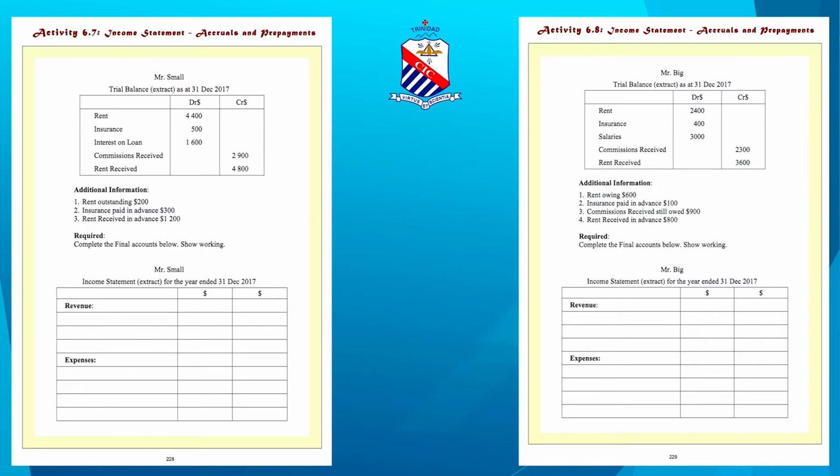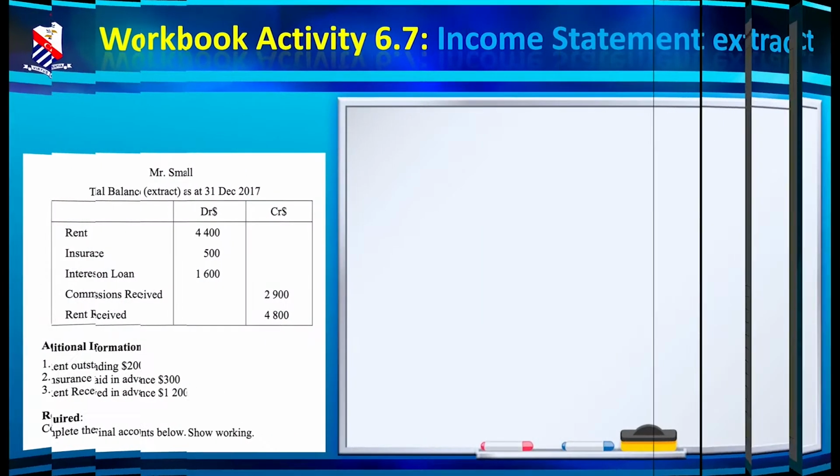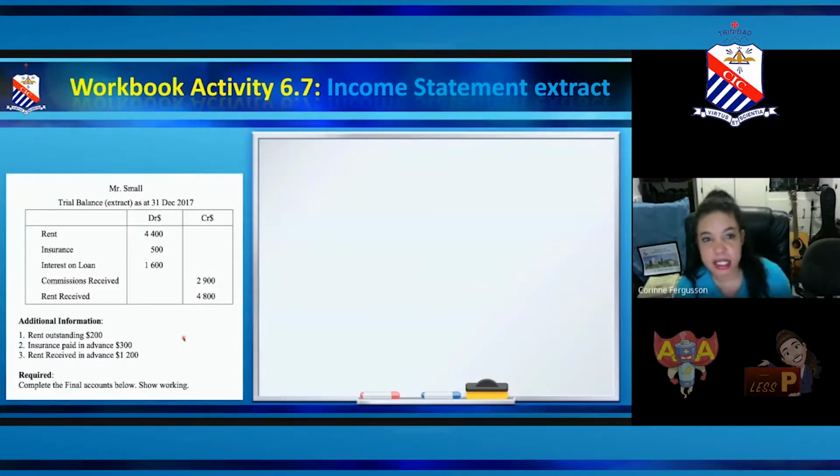Right, so I had given you this activity. We never got a chance to correct it because we were rushing to move ahead. So we are actually going to do that now. So your activity 6.7 in your workbooks, you have Mr. Small, and you can see here that you have your trial balance, which once again shows your amounts paid.